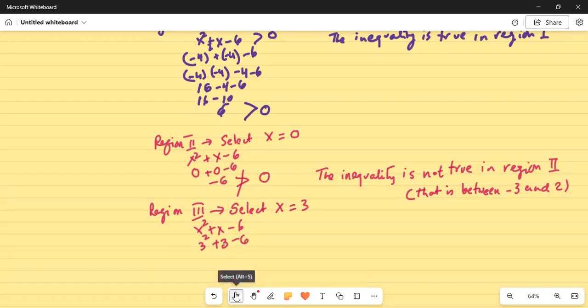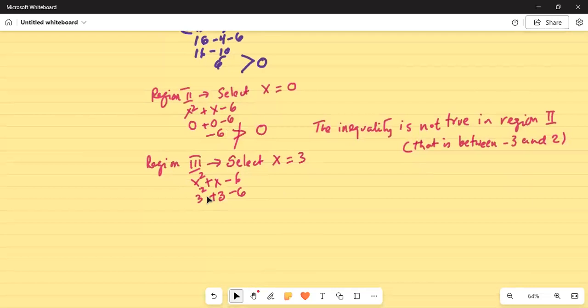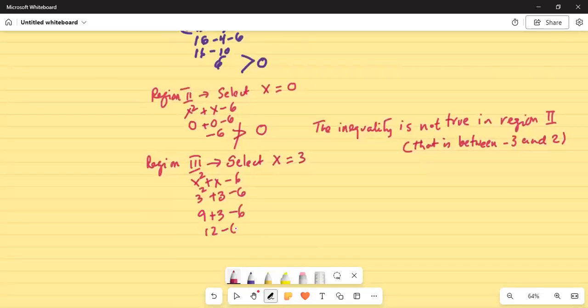So if I move this up, 3 squared is 9. 9 plus 3 minus 6. It is 12 minus 6, which is 6, and that is indeed greater than 0. So this checks out.